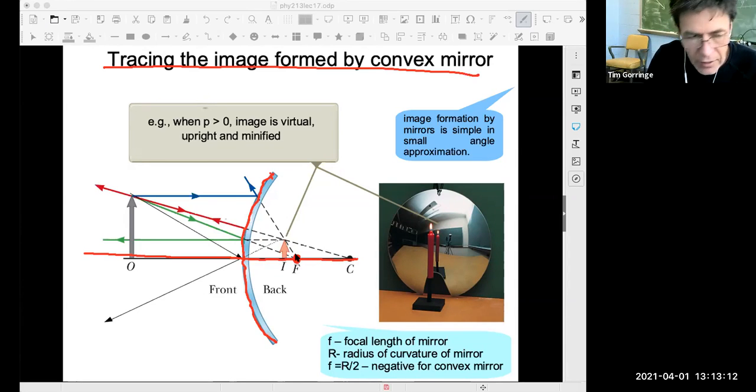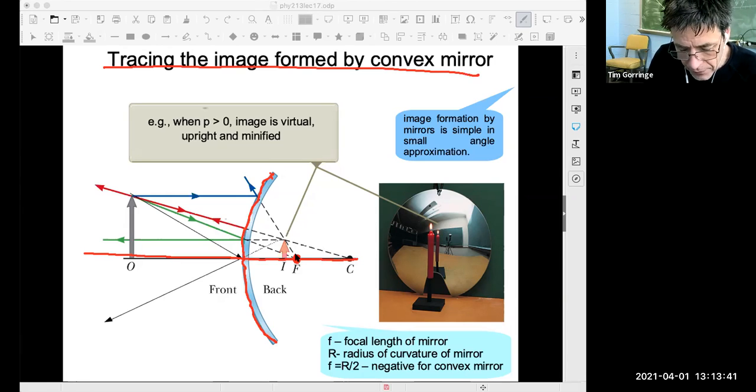convex mirror. Now remember that sign convention rule I discussed for differentiating convex and concave mirrors. For concave mirrors, the focal length and the radius of curvature are positive, and positive is in front of the mirror, so we put the focal point in front of the mirror.